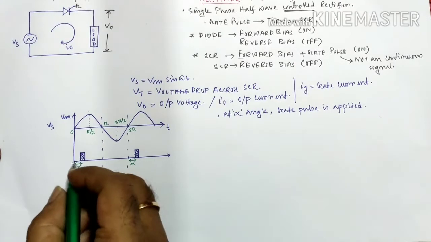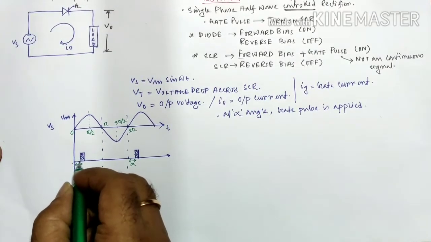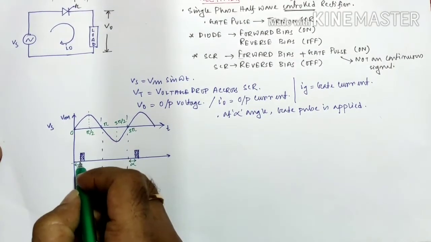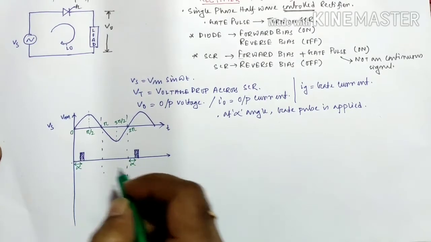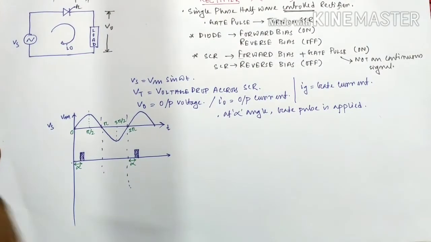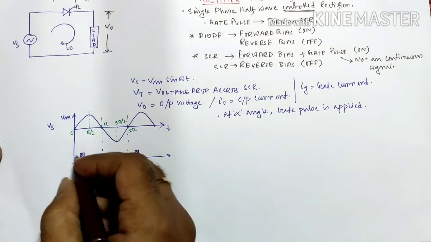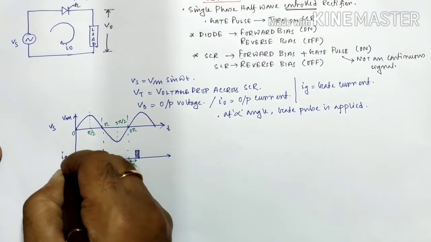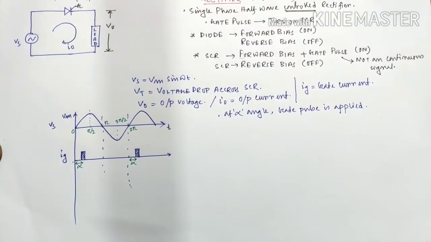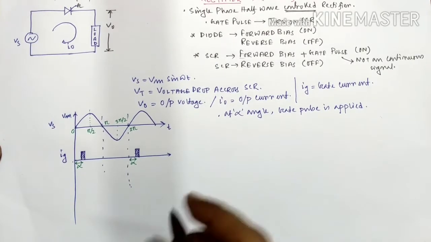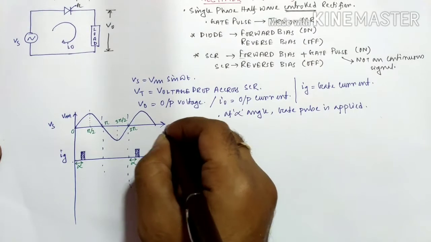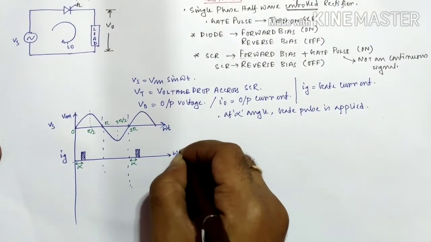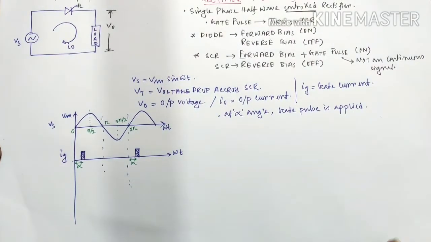So now alpha means a particular angle with respect to this one where we have applied the gate pulse. So here I want to draw the corresponding waveform of gate current Ig. We are representing omega t here.